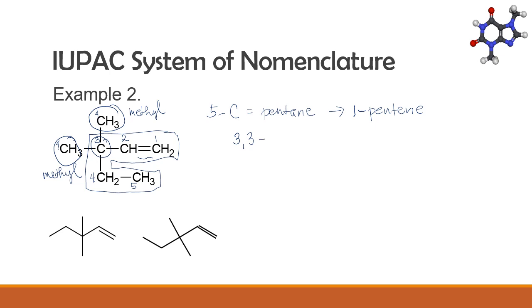And remember, we use the prefix di to indicate two methyl groups. So the side chain or substituent group name is 3,3-dimethyl. And then if we combine it to the parent chain name, the name of our compound is 3,3-dimethyl-1-pentene.